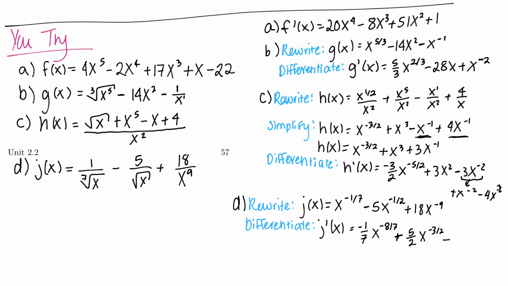Not plus, this will be a minus because negative 9 times 18 will be a negative, and I'm not going to do that in my head. Minus 162 x to the negative 9 minus 1, which is negative 10. So let me kind of box all the answers here.